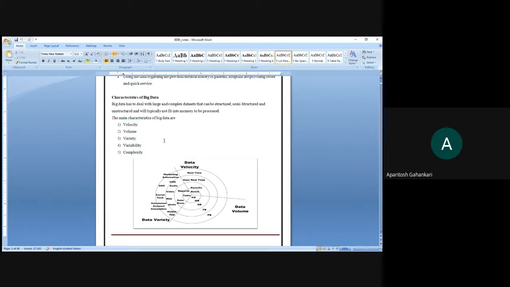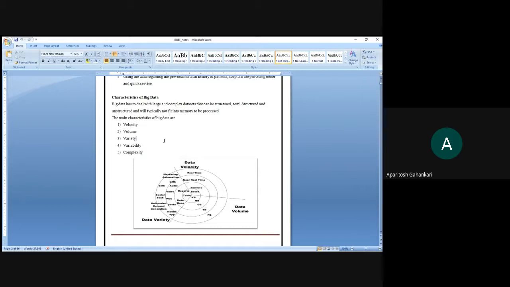Then variability. Now there is a variety, and there is a tendency of veracity or variability of the data. That means you cannot say that at one point of time YouTube is generating this kind of data, and at the next point of time the data format may change, the data content may change, the data volume may change, the data velocity may change.